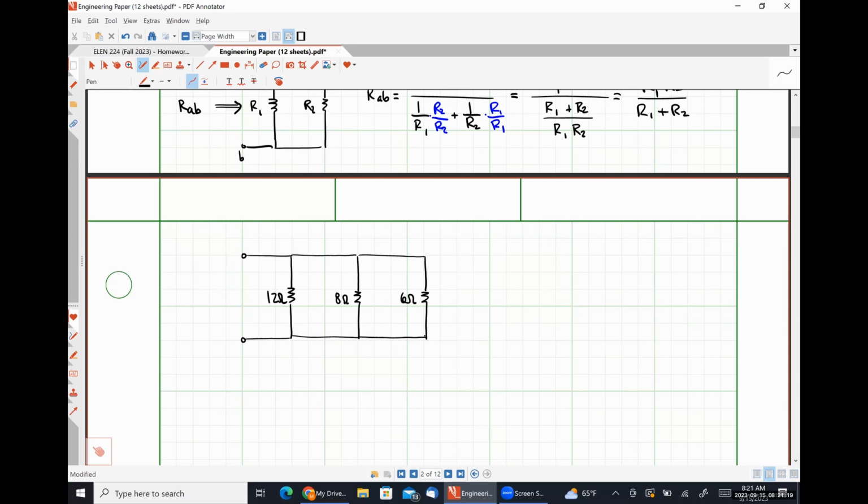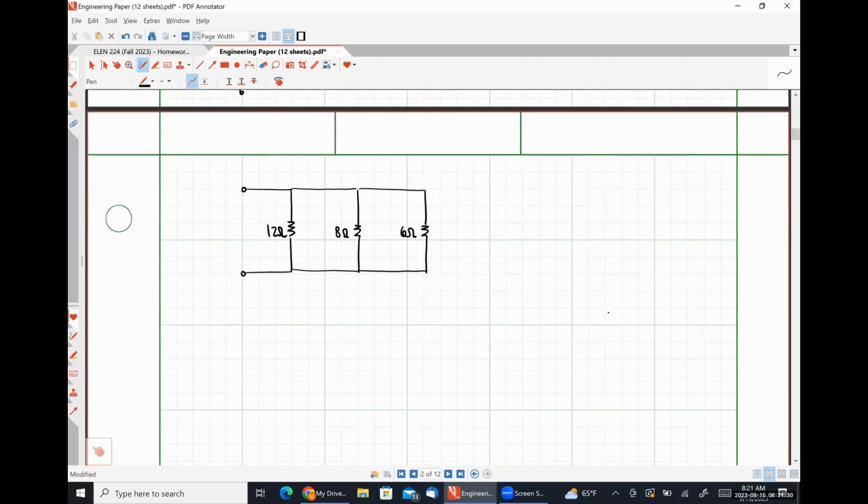So 12 times 8 over 12 plus 8 is 24 over 5. So let's just leave it as that, okay? So this is going to look like 24/5 of an ohm in parallel with 6 ohms.